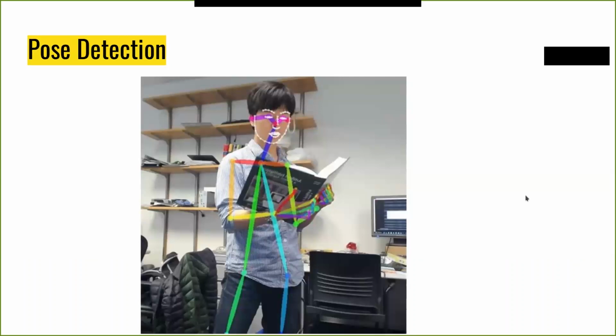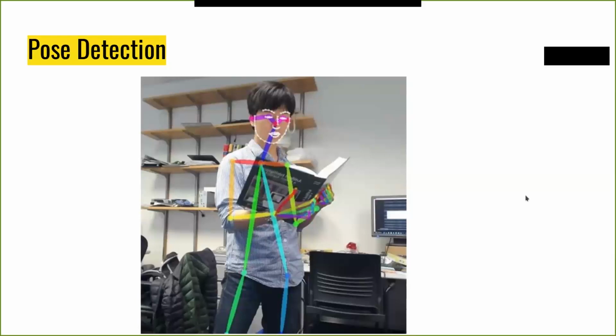Another application is pose detection, like what poses the human is doing. There was recently a paper which said that in the near future, with a very advanced model, our dance steps can be replicated by that model.